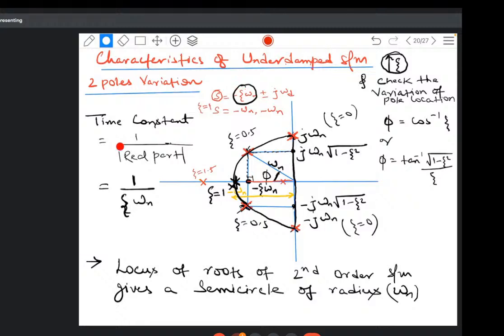So 1 by modulus of minus zeta omega n will be 1 by zeta omega n. So my time constant of the second order system is coming as t equal to 1 by zeta omega n. So once you know the value of zeta and omega n, you can find out the time constant of the second order system. And from the pole location, you can check that the locus of roots of the second order system will be a semicircle, right?